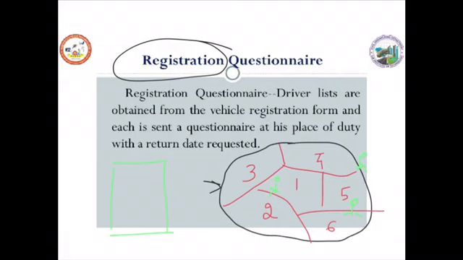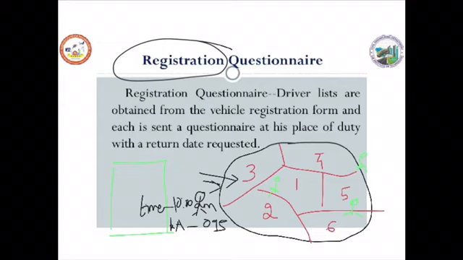When vehicles enter the survey station point, for example this first survey point, the observer standing here has to note down the registration number of the vehicles passing in front of him, and along with the registration number, the time at which the vehicle passed that particular survey point has to be noted down.